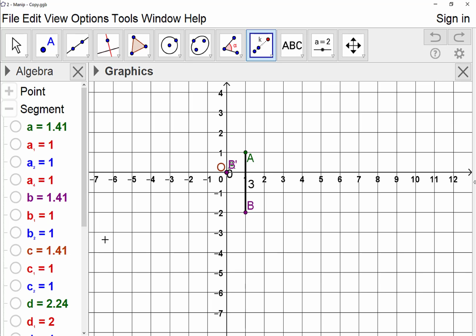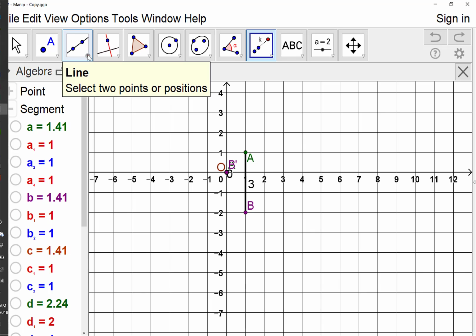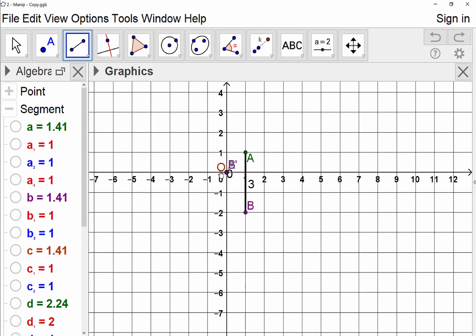But where is A going to go? How far away is A from the point of dilation? 1. So it rises 3, runs 1.